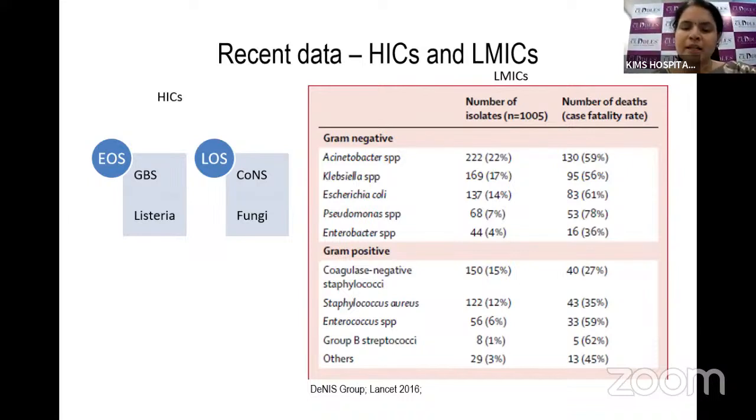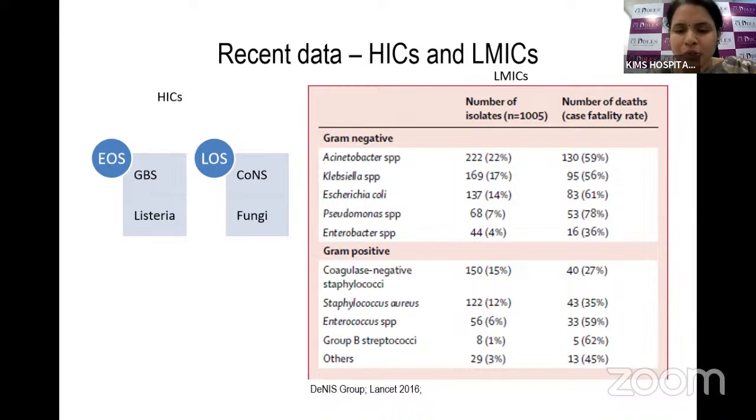Now, surprisingly, the list of bacterial isolates in the DENIS study was topped by Acinetobacter, which accounted for 22% of all the isolates, overtaking Klebsiella, which was pushed to the second spot, and then E. coli. So the top 3 gram-negative bugs were Acinetobacter, Klebsiella, followed by E. coli, and Pseudomonas coming in later.